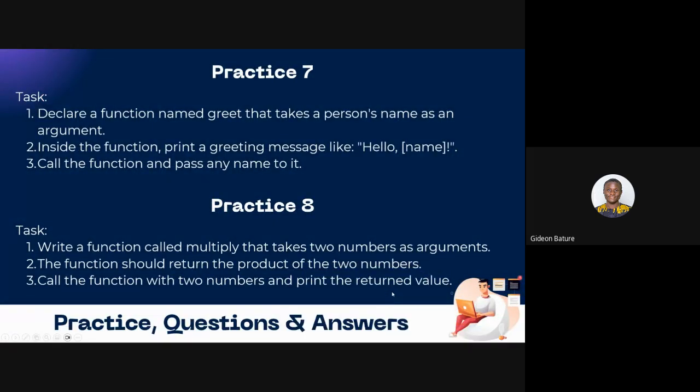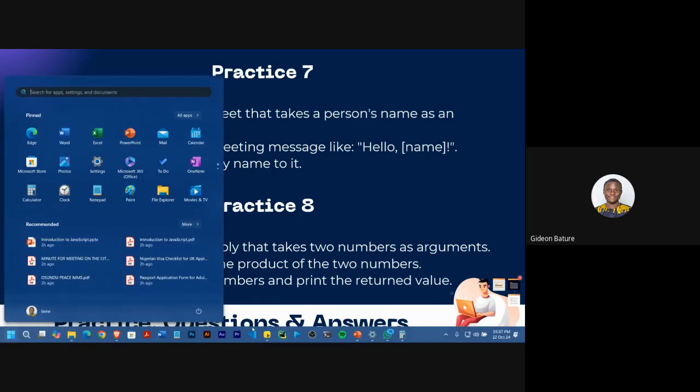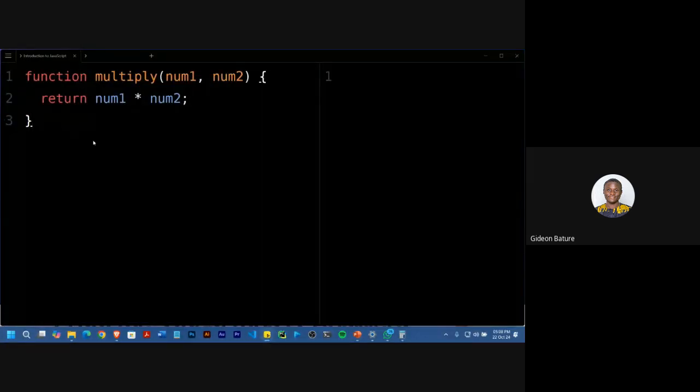They say call the function with two numbers and print the return value. So who can help us? How can we call this function? We'll still call the function multiply. Okay. Then the brackets, then we'll do maybe 1 times 1.